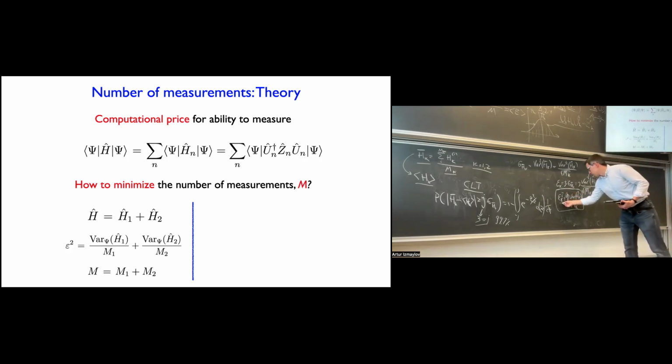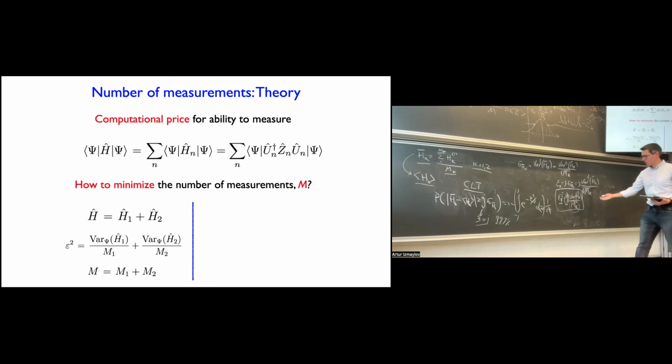So the error of the estimator will be related to the variance of the operator that we're measuring, and it can be reduced by increasing the number of times we do the experiment for measuring the fragment.